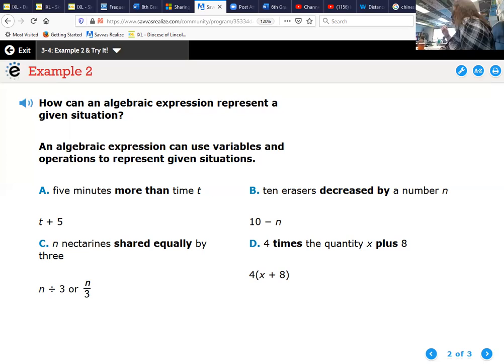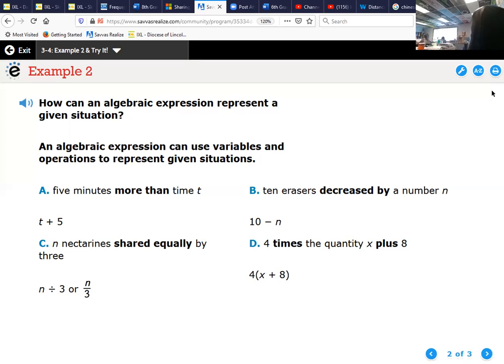C, we had n nectarines shared equally by 3. We said shared equally was divide. So we have n divided by 3. We could write it horizontally or vertically as a fraction. Remember that the fraction bar means to divide. And then we have 4 times the quantity x plus 8.